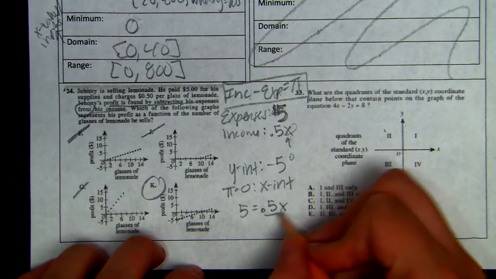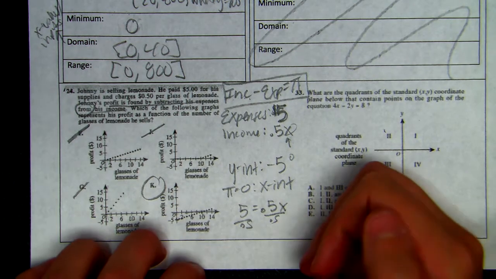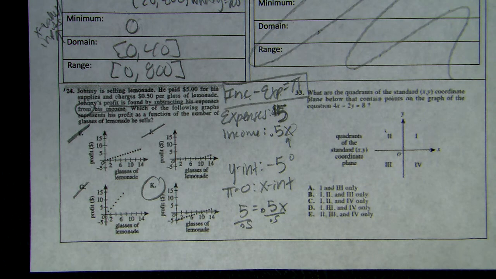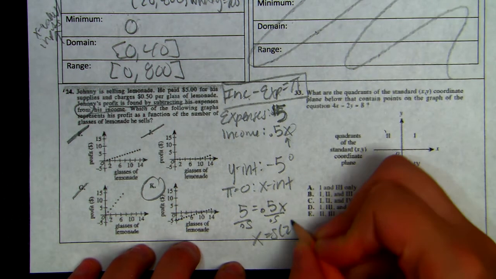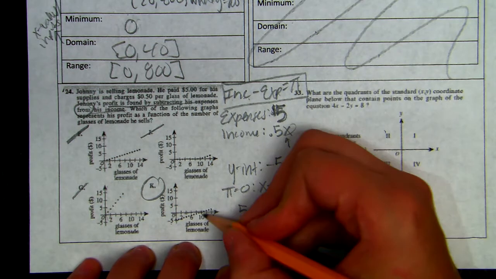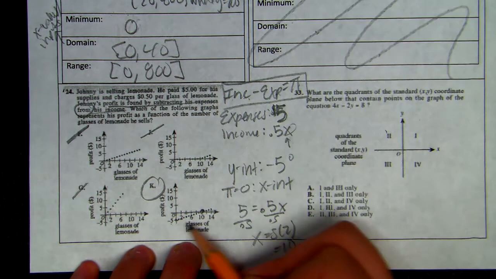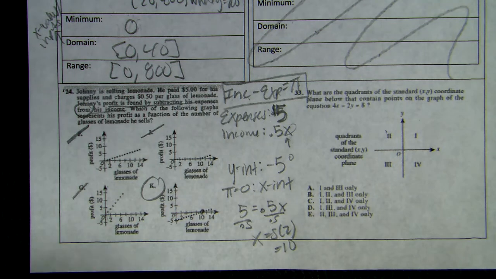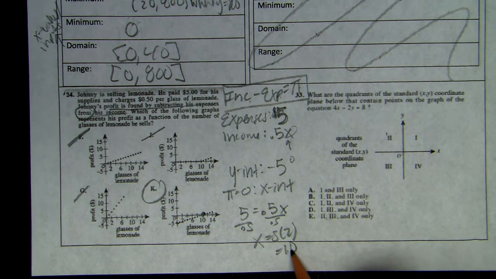So 5 equals 0.5x, 5 divided by 0.5, which is the same thing as 5 divided by 1/2, which is the same thing as 5 times 2. So x equals 5 times 2, which equals 10. And here we can see that our line for profit crosses the x-axis, meaning that the x-intercept of this function is going to be 10, which is what we calculated here.